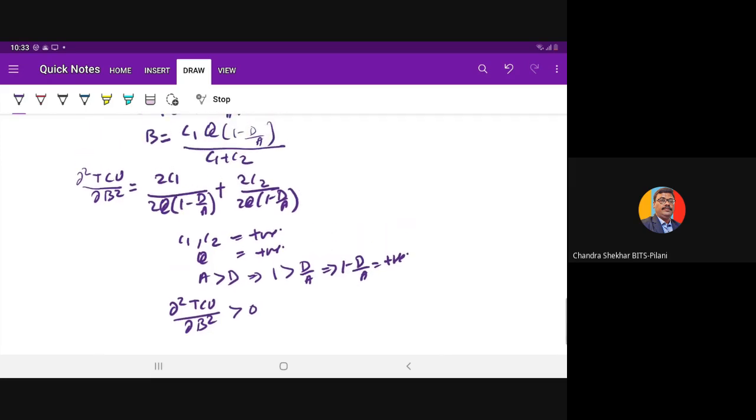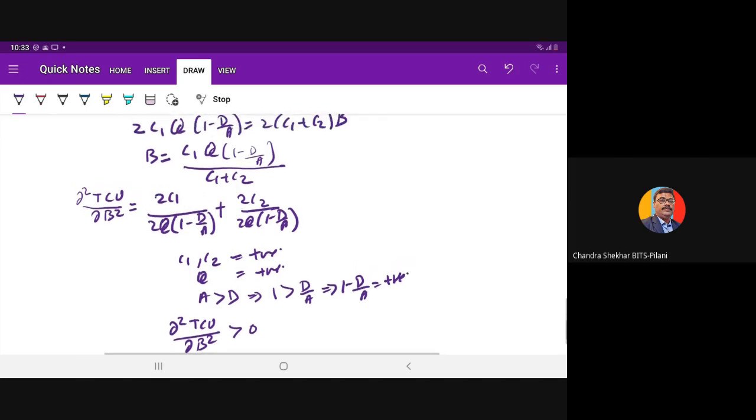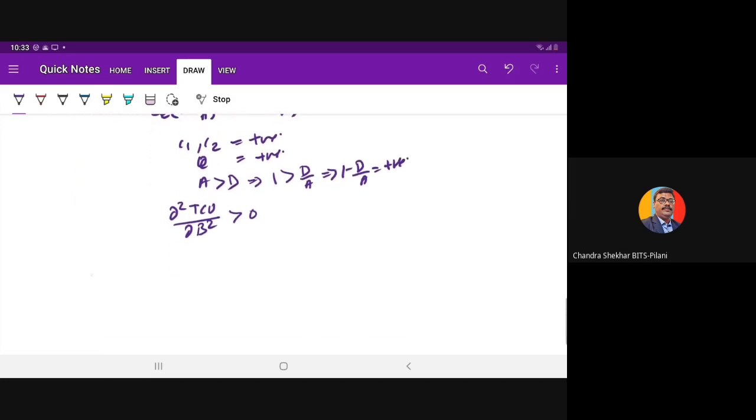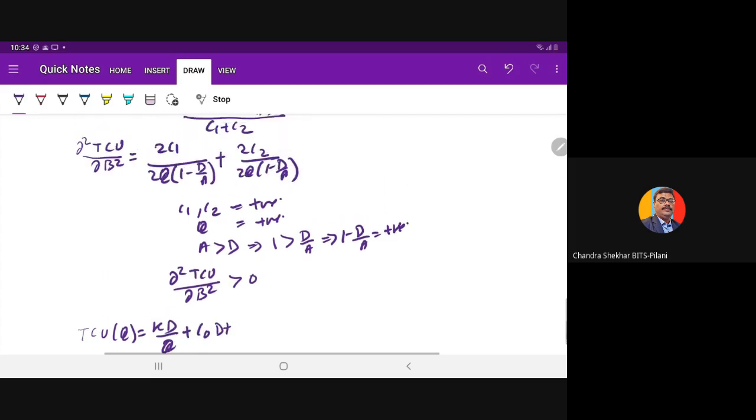So from here when we compute the value, B is C1 into Q(1 minus D upon A) upon C1 plus C2. So when we put the value of this B in the TCU, the TCU will become a function of Q only, that is KD upon Q plus C naught D plus and so on.